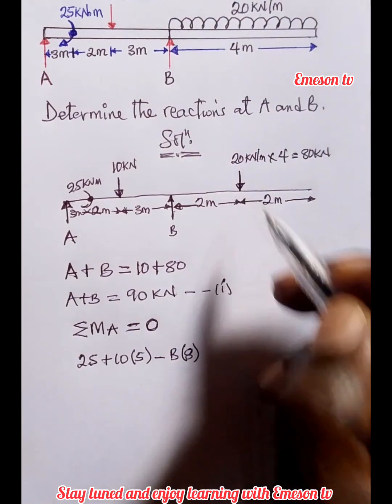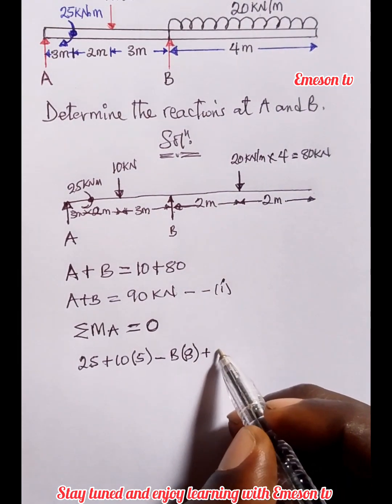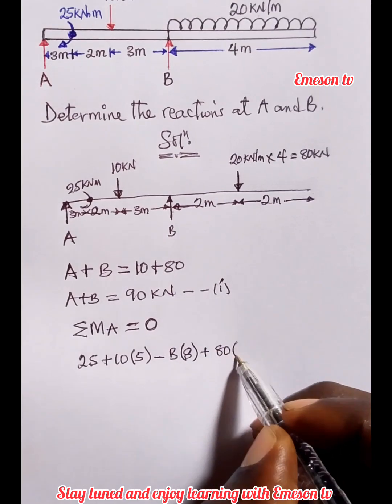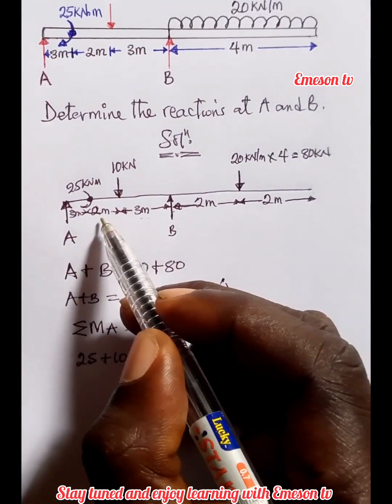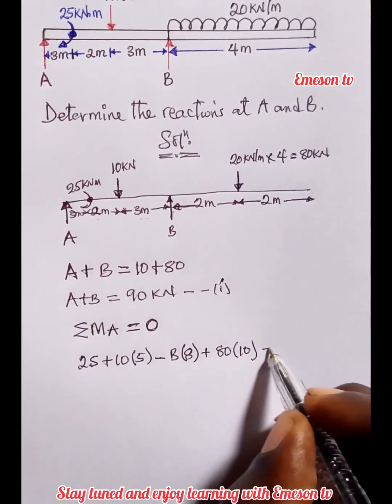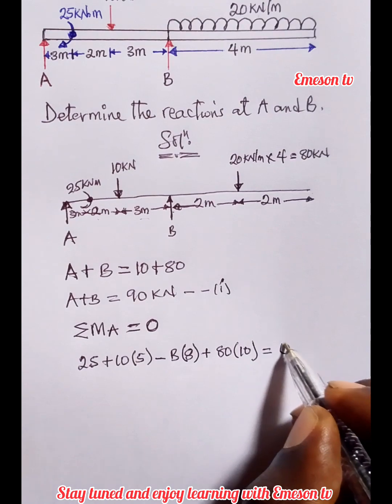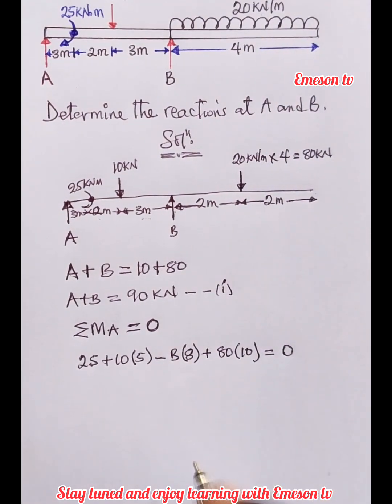Then the next force is this. It's clockwise positive. It becomes 80 multiplied by the distance from my reference point, 2, that is 5, that is 10. So all these forces, the summation of all this, equals 0.